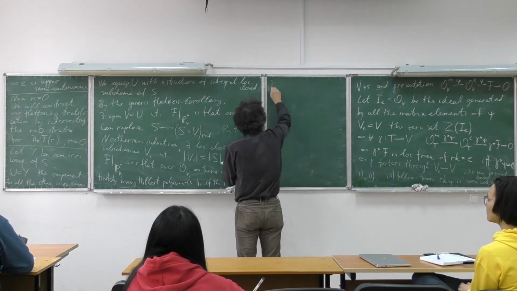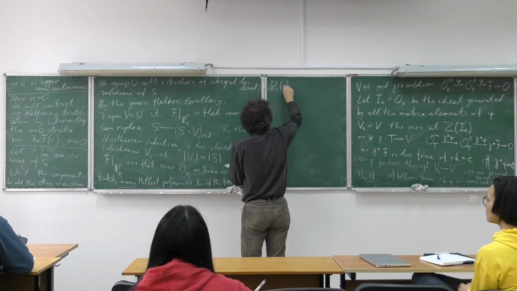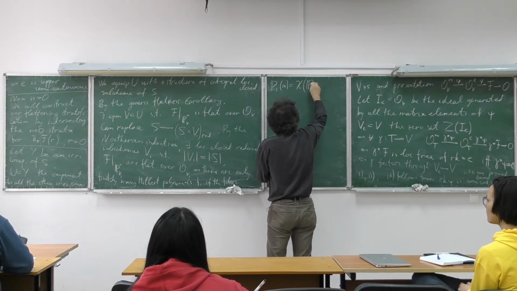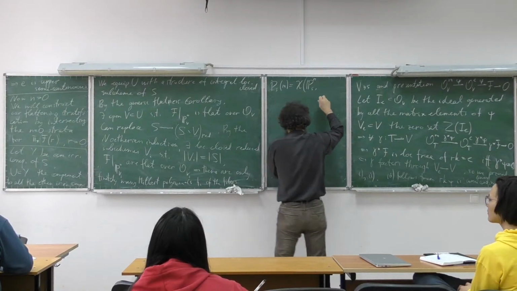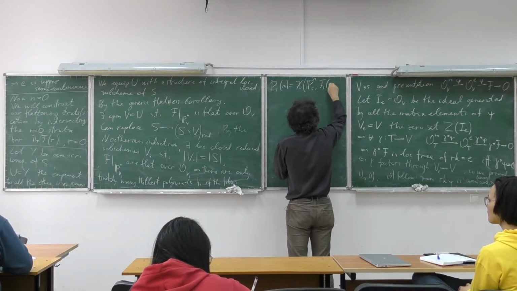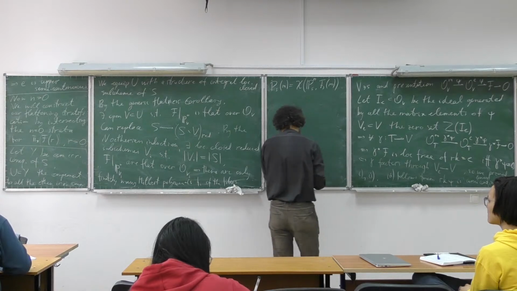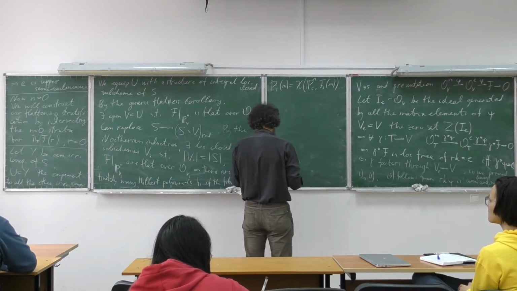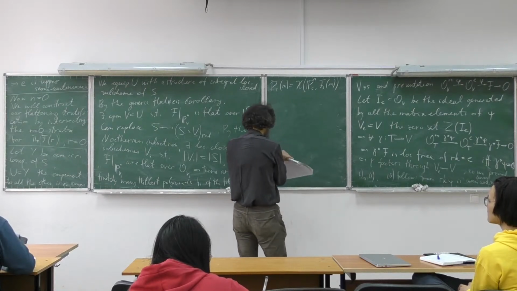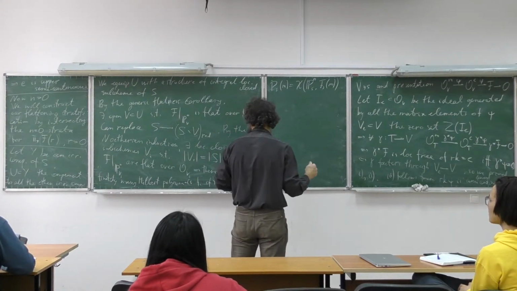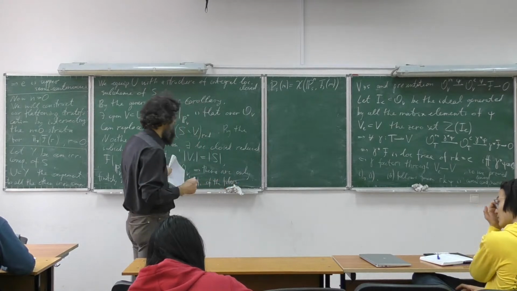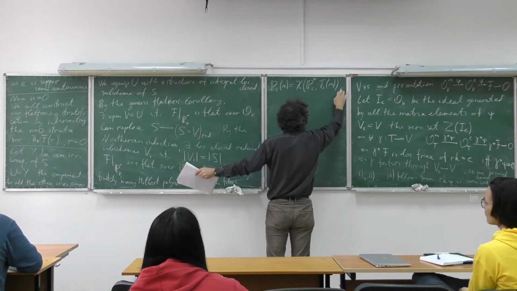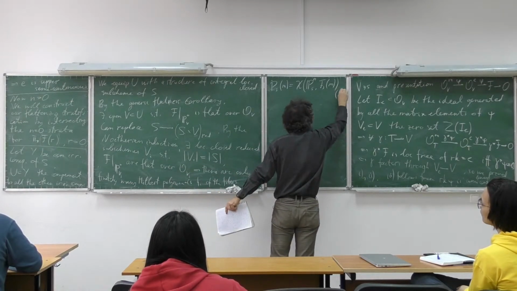The fibers, so P_S of M is the Euler characteristic of the fiber. And well, we proved this, and let's call this finiteness statement A.